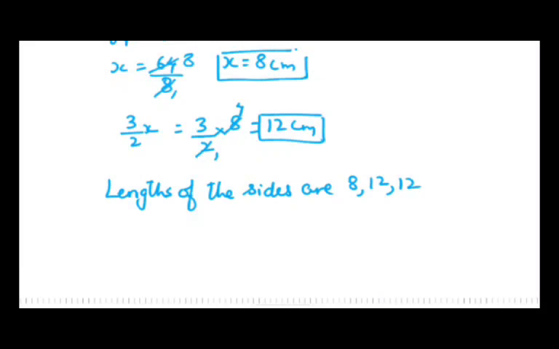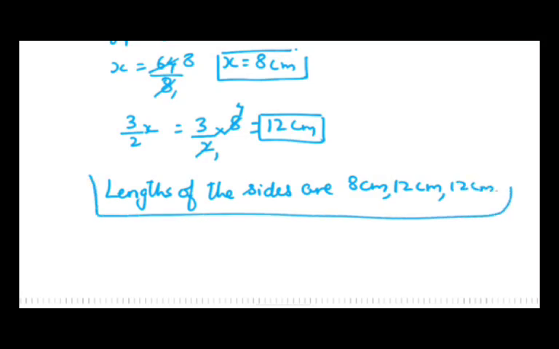It's a triangle, right? And two sides are the same. So I'm not going to write it like that. I will surely lose marks. 8 centimeter, 12 centimeter and 12 centimeter. So no respectively out here. At random, you can write it.